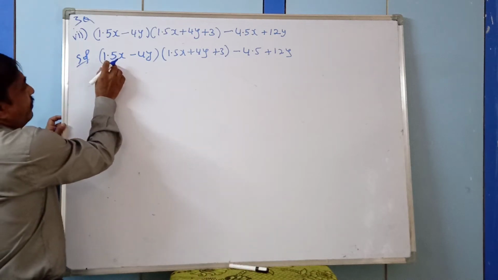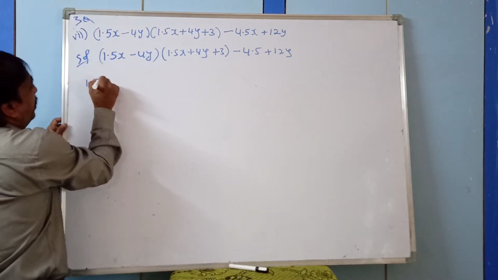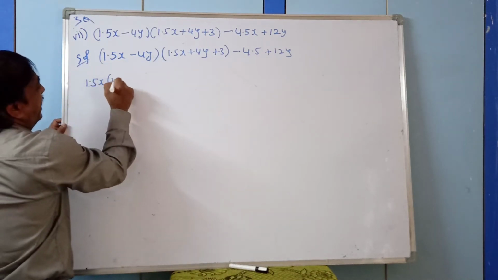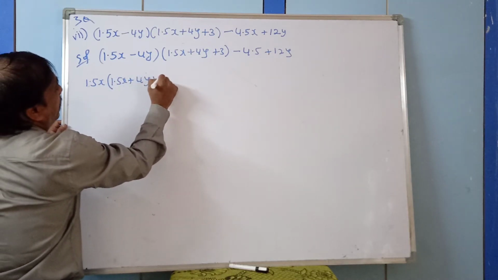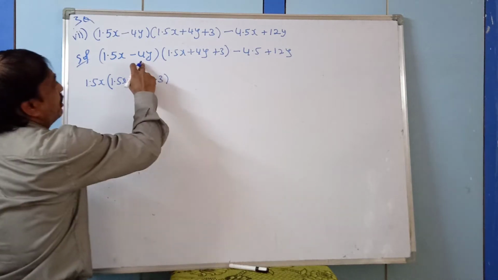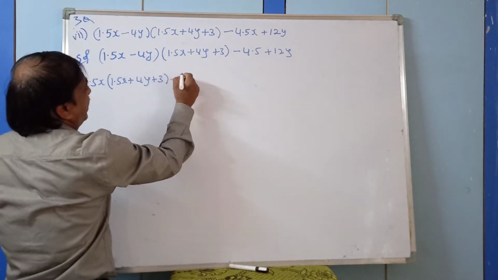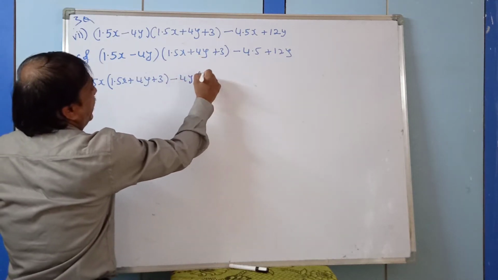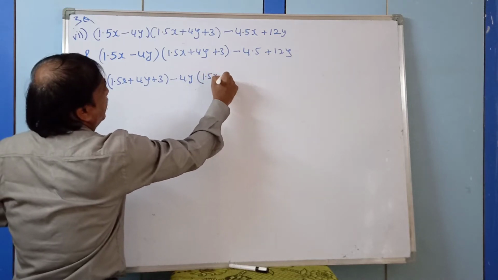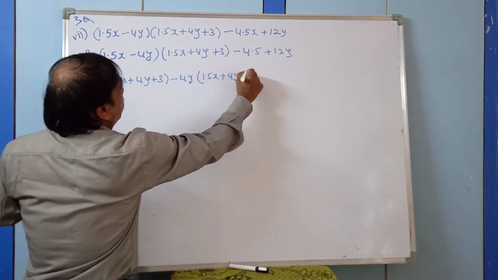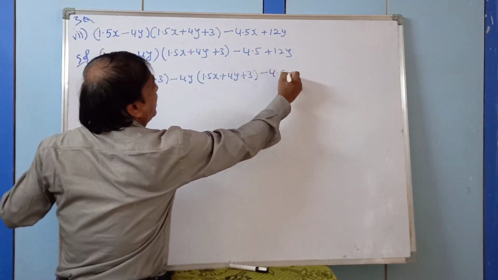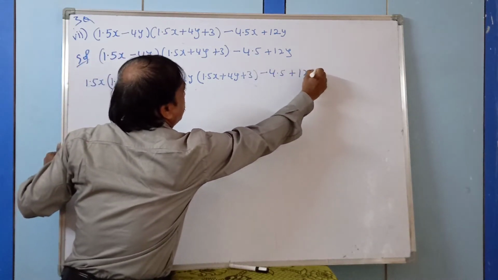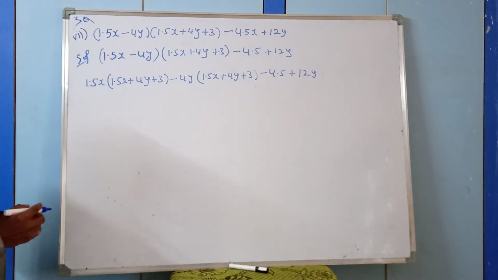Now, first one 1.5x: with 1.5x you are multiplying 1.5x plus 4y plus 3. Then next, with minus 4y you are multiplying this trinomial, minus 4y into 1.5x plus 4y plus 3. Then minus 4.5x plus 12y as it is. Observe it.